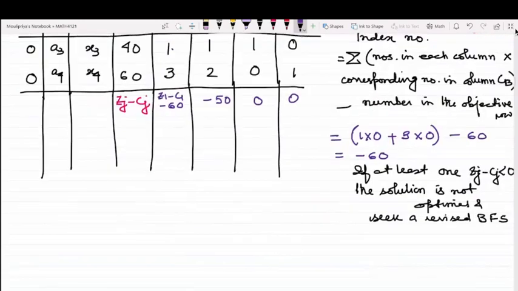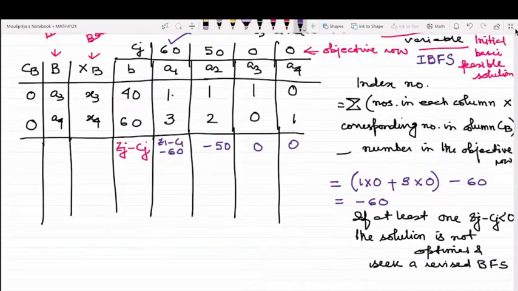Now we are at a point where two Zj minus Cj are negative, correct? So we can say that the solution that we had initialized is not the optimal one. Because as per the condition, if at least one Zj minus Cj is less than 0, the solution is not optimal, and we have to seek a revised basic feasible solution.